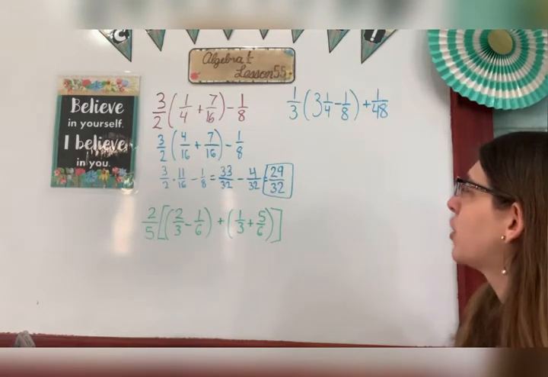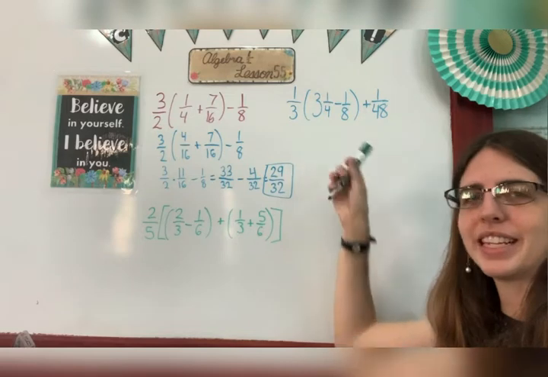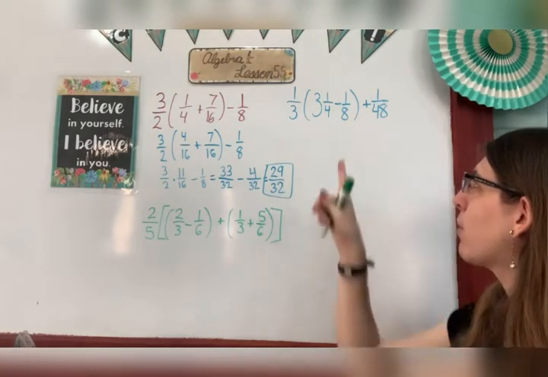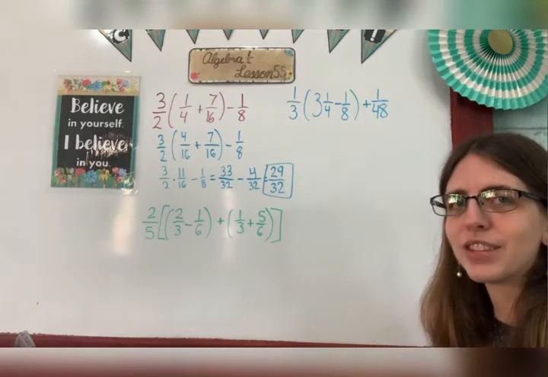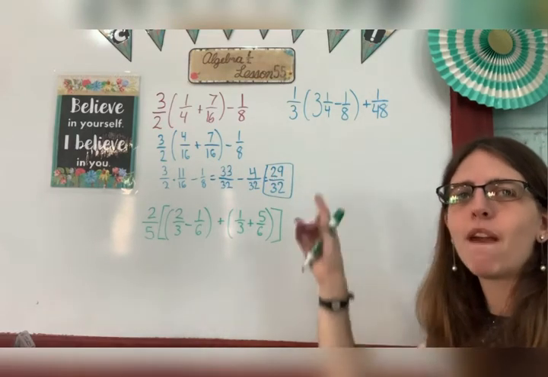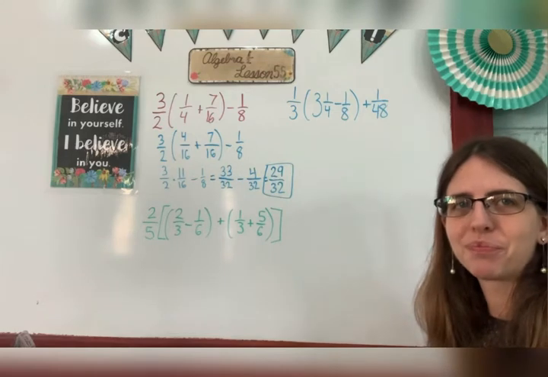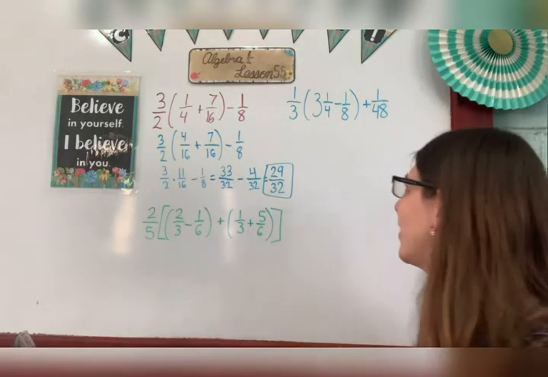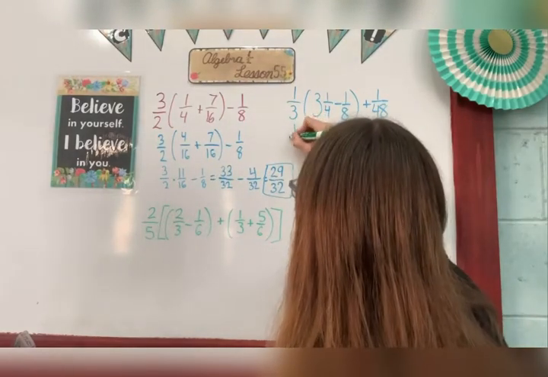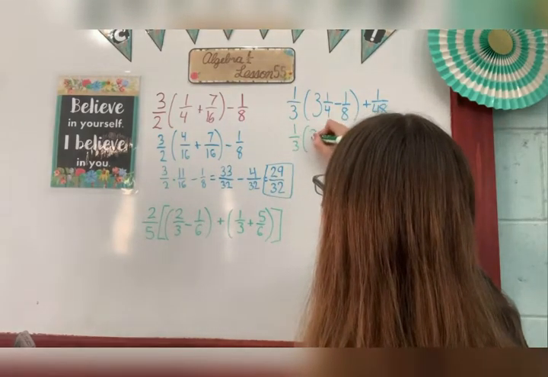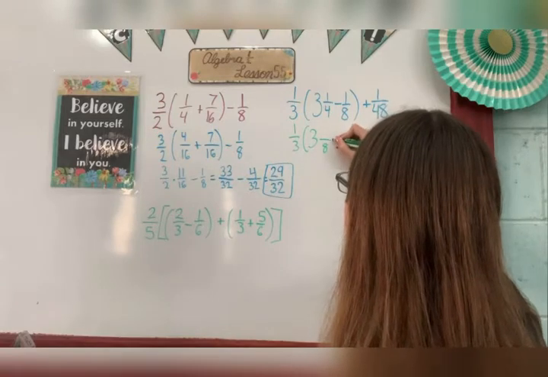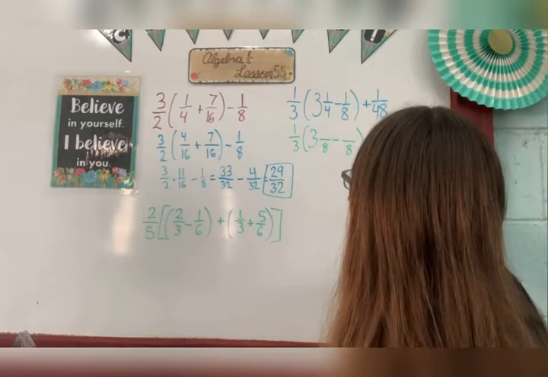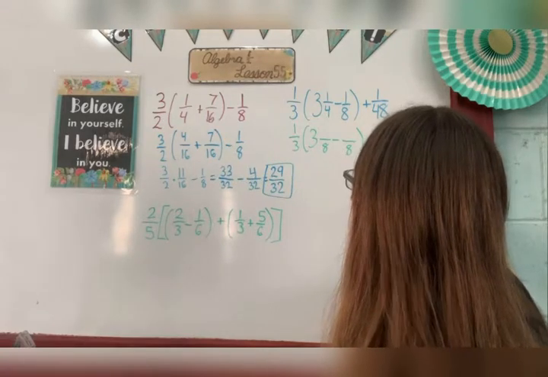All right, I have to start with what's inside my parentheses. 3 1/4 minus 1/8. So I need to change my 1/4 and my 1/8 so they have the same denominator. What's their least common multiple? 8, good job. So it becomes 1/3 times (3 something over 8 minus something over 8) plus 1 over 48.